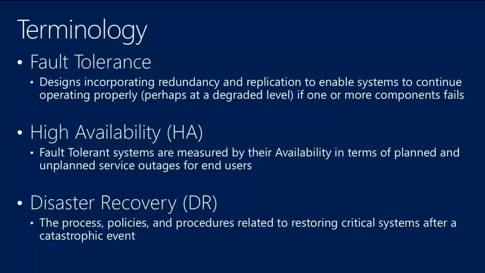And so, just from a terminology standpoint, let's think: fault tolerance is designing to incorporate redundancy and replication. It's making sure that my application recovers from a problem. That's building the application on the application level. High availability is about measuring the availability of my solution.